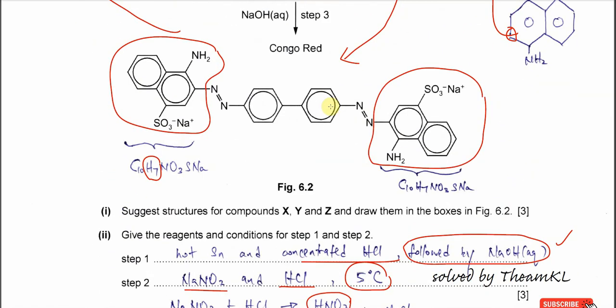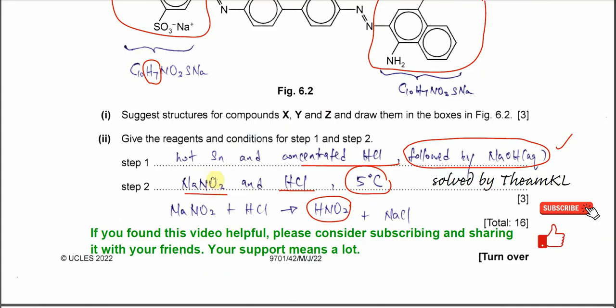That's why we need to use sodium nitrite and HCl to let this HNO2 form in situ during the reaction. After that, with the help of acid, the HCl, and the presence of HNO2, the phenylamine can form the benzene diazonium ion. So that's why we use this one.